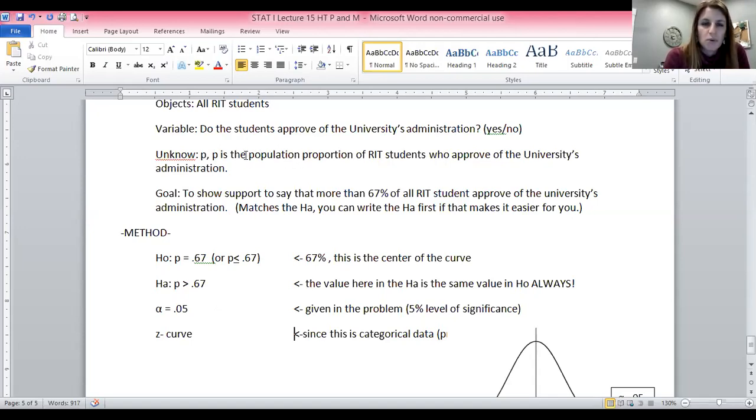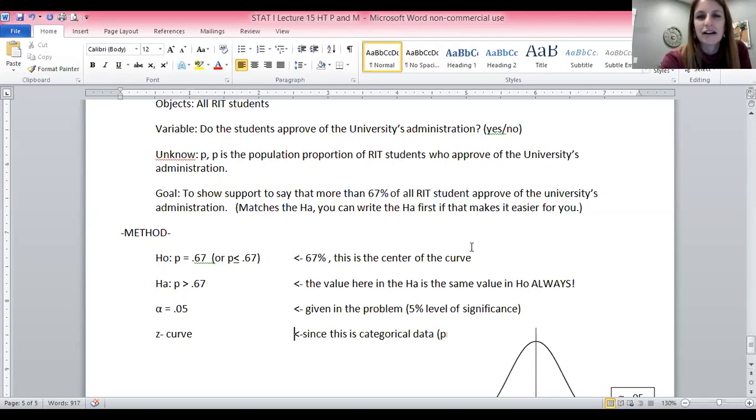So to show support that P is greater than 0.67, so to show support that the population proportion of RIT students who approve of the university's admin is greater than 0.67, I'm just plugging it right in, right? So I'm not even making up a new statement here. I'm just taking the symbols and replacing them with the words that I already defined in my population step.